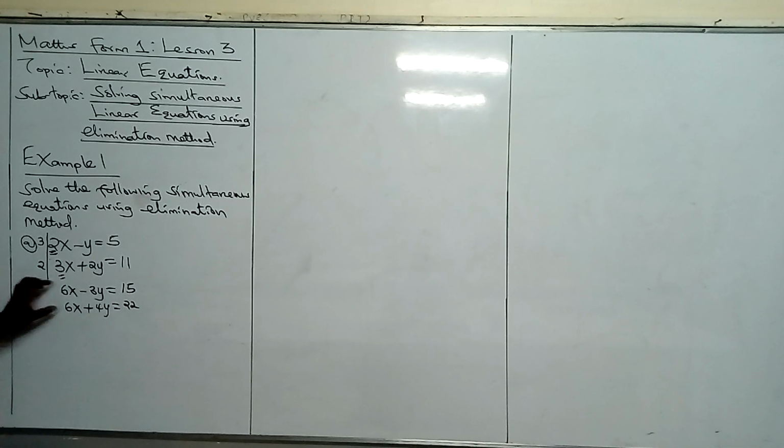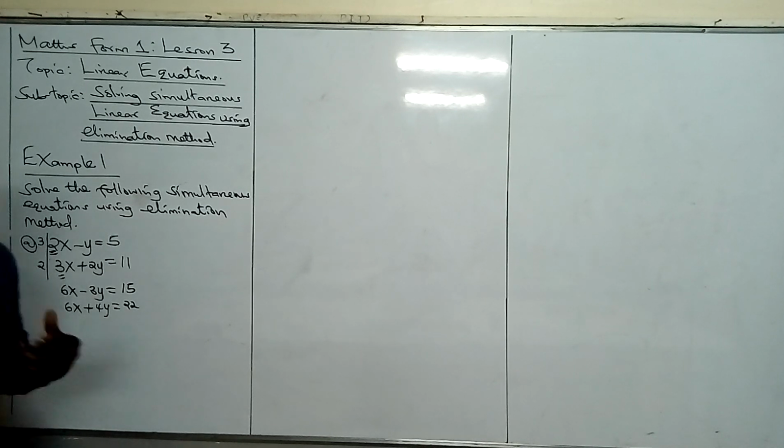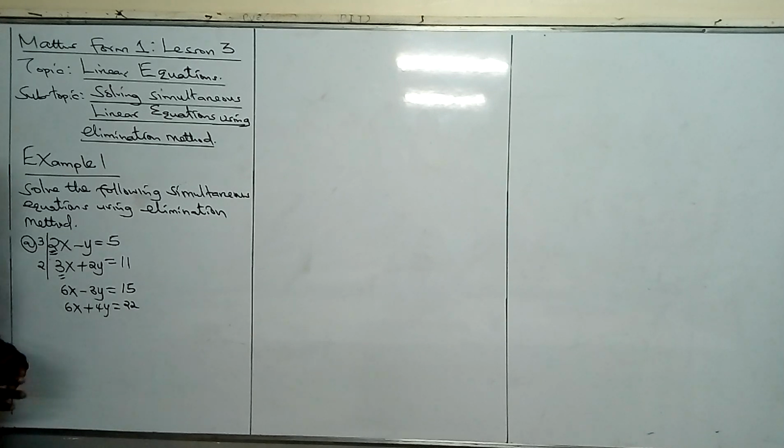Now let's look at the coefficients of x. In the first equation, the coefficient of x is now 6, and in the second equation, the coefficient is now 6. So the coefficients of x in both of our equations are equal. Therefore, we can subtract.